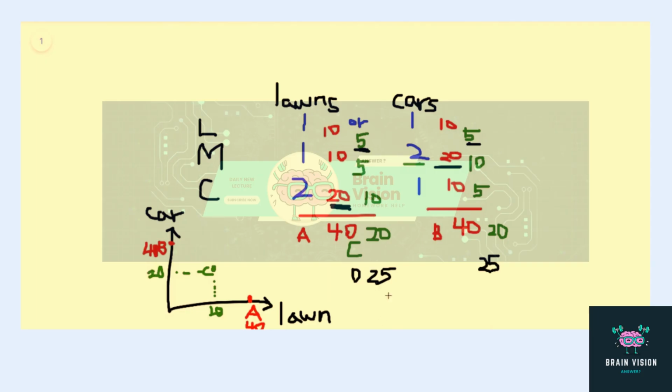And what about D, the black one? So black one is like 25 lawns and 25 cars. So point D is to the upper right of point C, because 25 is higher than 20, and also 25 higher than 20.